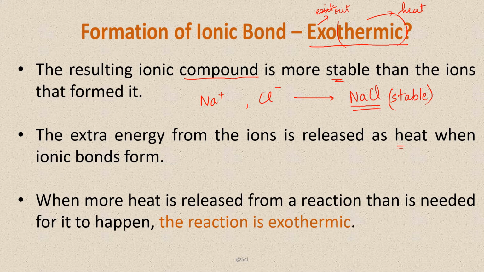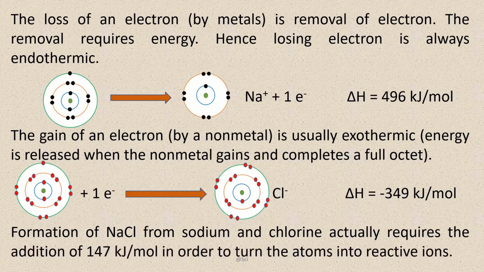When you talk about chemistry, chemistry is about making new bonds and breaking old bonds. Whenever it is making or breaking, in both cases there will be an energy transaction. When the new bonds are made, energy is released. When the old bonds are broken, energy is required. So, when more heat is released from a reaction than is needed for it to happen, the reaction is exothermic. In the next slide, we'll see more of it.